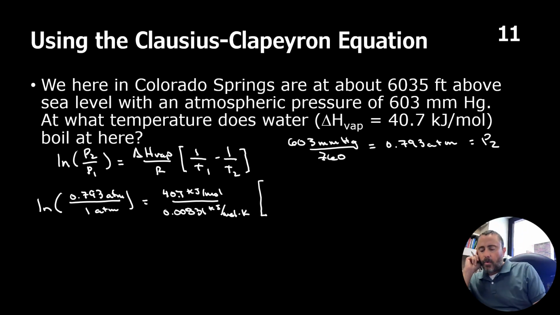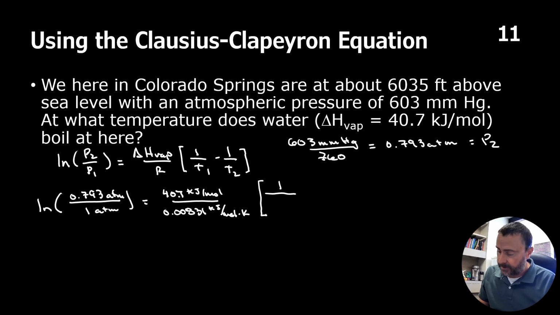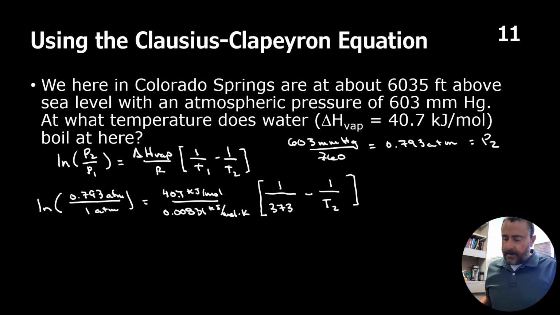Now, 1 over T1. Since we called pressure 1 atmosphere, water boils at 1 atmosphere at 373 Kelvin. Remember, that is 100 degrees Celsius. Minus 1 over T2. Now we're going to work things out. The natural log of 0.793 divided by 1 is negative 0.232.